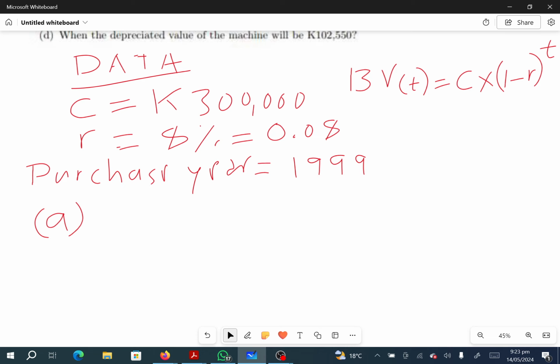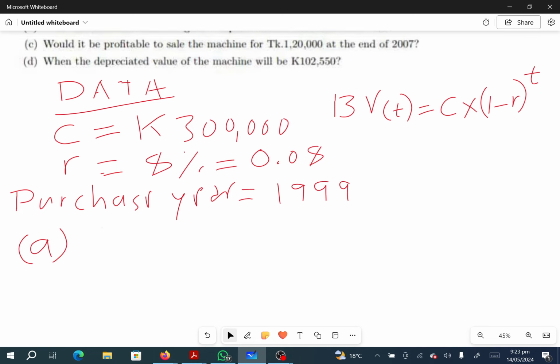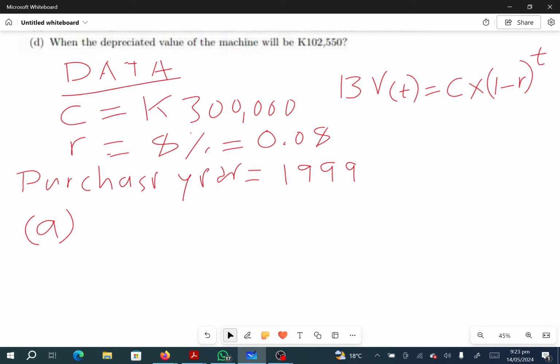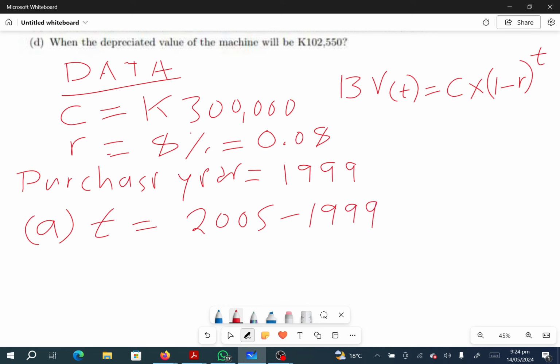So at the end of 2005, we'll say T is equal to the year 2005 minus the purchase year, which is 1999. So 2005 minus 1999, what are we getting?